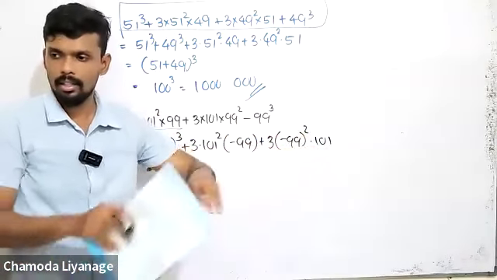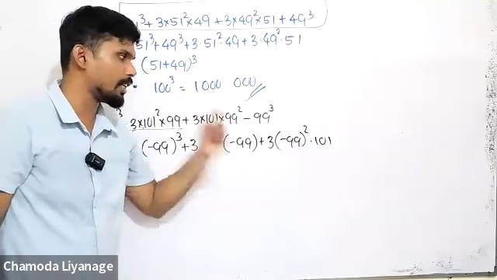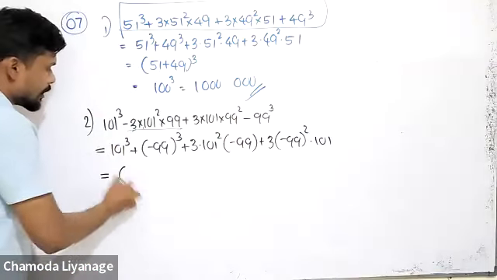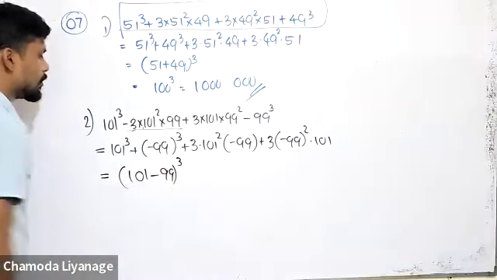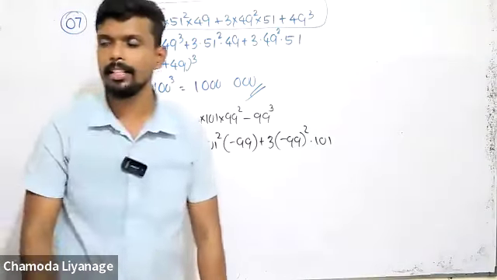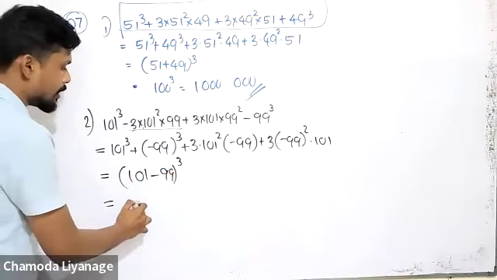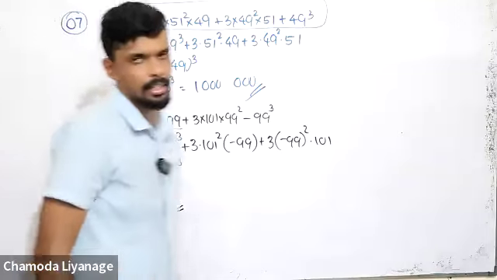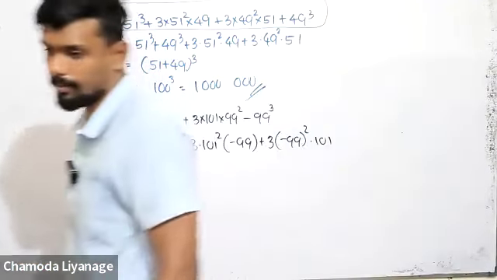Minus squared, you will get plus 99 squared, and 101 and 3, right? So that's it. So what is this? This is the expansion of 101 minus 99 cube. And we know that 101 minus 99 is 2. 2 cube is 8, right? So that's it.